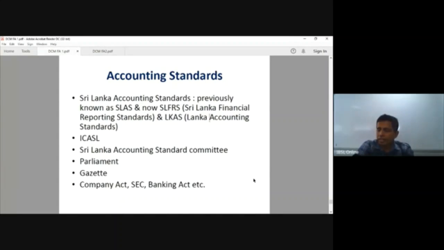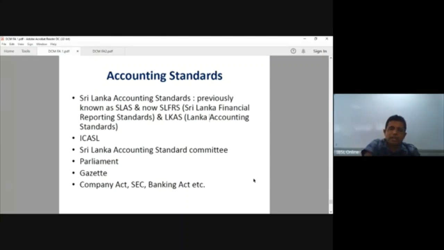The size of the house, the number of stories, rooms, attached bathrooms, the size of the kitchen, everything may be, even though not identical, more or less similar in those two houses. Similarly, when it comes to accounting, if accounting standards are not there, accountants may prepare their own set of financial statements in different formats and natures, as they wish.